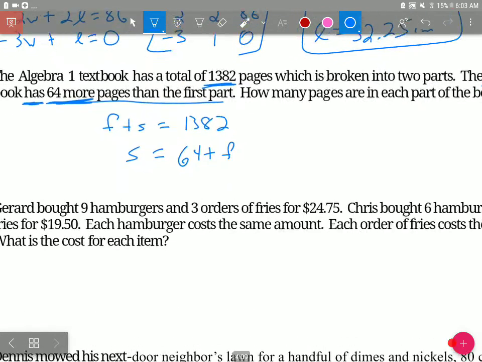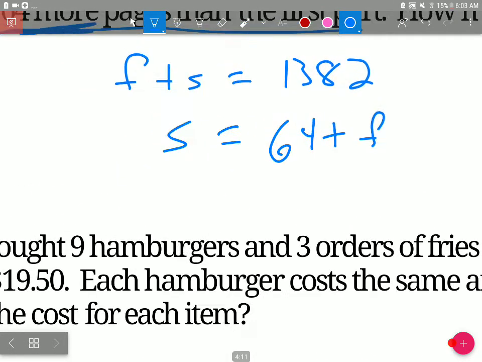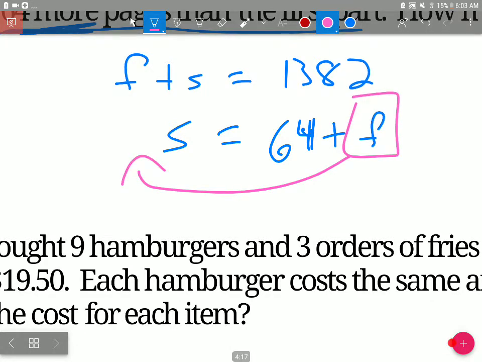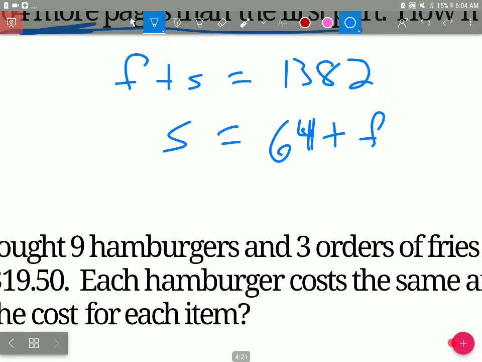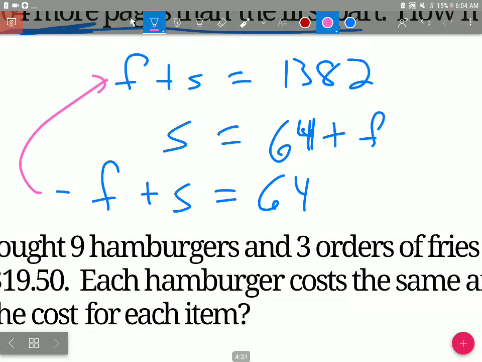The only thing you've got to do is move that F over to the other side. So it becomes a negative F plus S equals 64. So we'll use these 2 equations for your matrix.